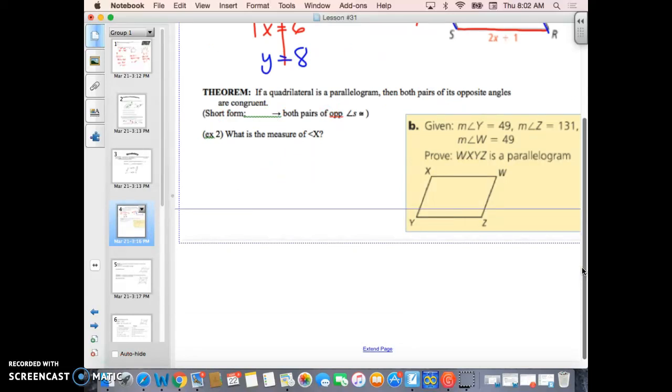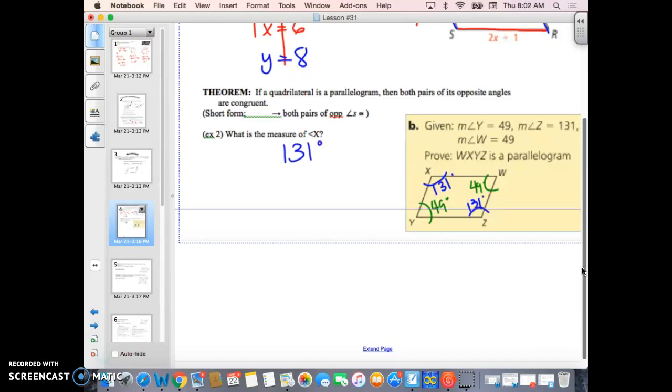It says the measure of angle y, which is right here, is 49 degrees. The measure of angle z is 131, and the measure of angle w is 49 degrees. Now, this one's 131, so now I know that this one also has to be 131 degrees. So if they want to know the measure of x, it is 131 degrees.